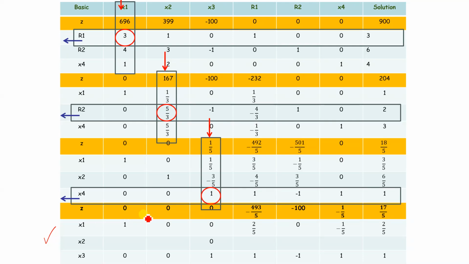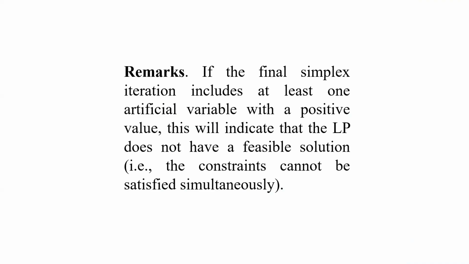We can see we don't have any positive coefficient in the z row, so we have achieved the optimal solution, which is z equal to 17 over 5, x1 equal to 2 over 5, x2 equal to 9 over 5, and x3 equal to 1. The rest of the variables are 0, that is x4 is equal to 0, and r1 and r2, both artificial variables, are also equal to 0. So this is the whole process.